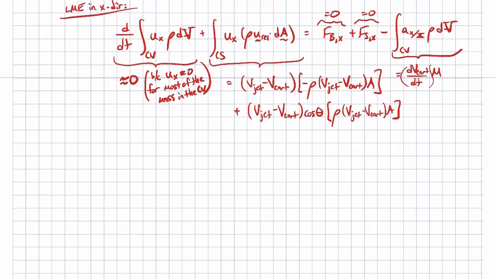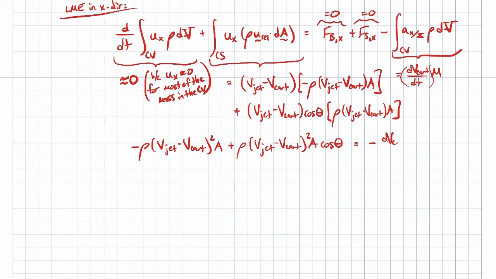All right, so when we simplify this down, we're going to get a minus rho v jet minus v cart squared times the area plus a rho v jet minus v cart squared times the area times a cosine theta is equal to a minus dv cart dt times the mass.